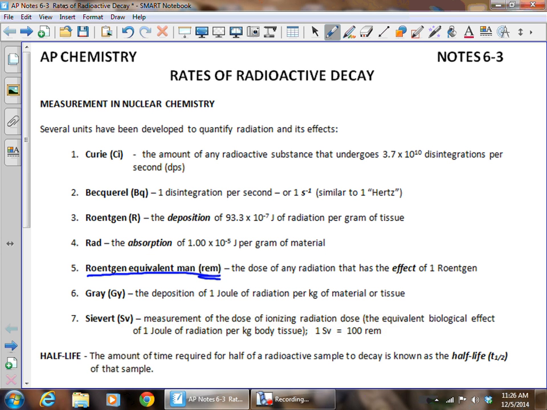But it's becoming more and more common now to use the sievert. So we may see that occasionally. And a sievert is equal to 100 REM. So there are conversion factors throughout here that will help us to go back and forth between these units.